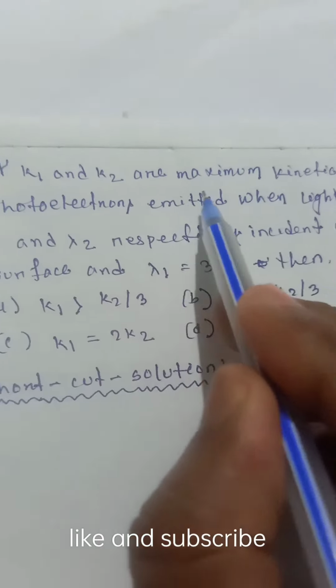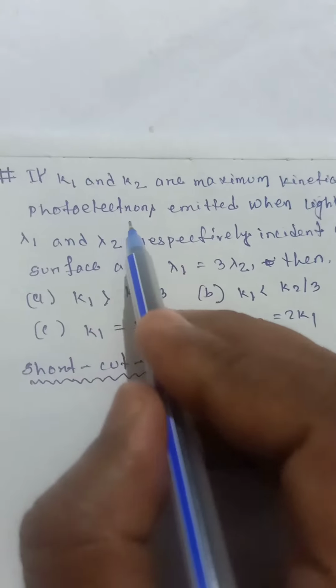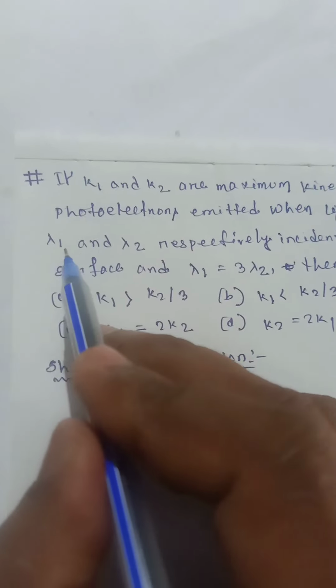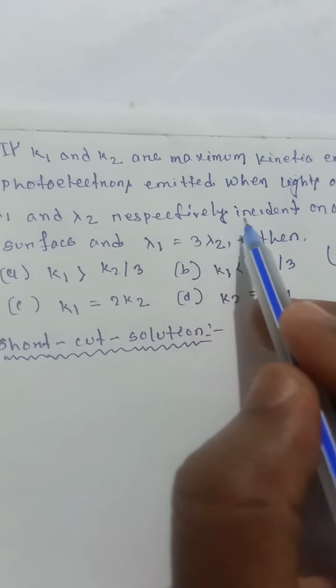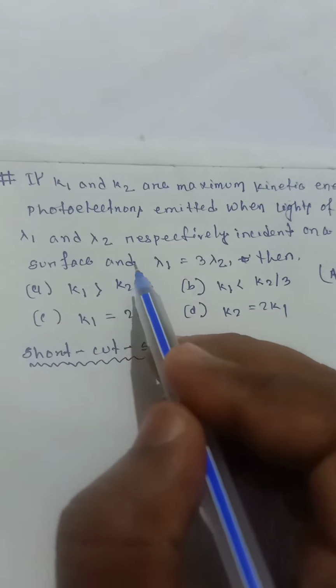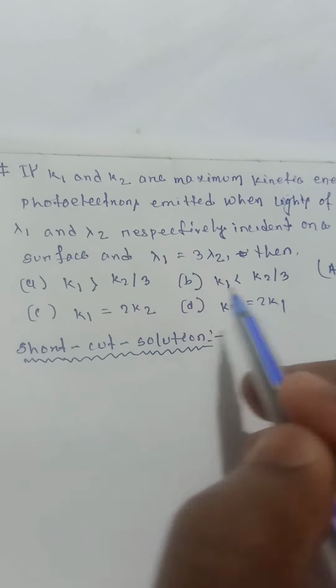If K1 and K2 are maximum kinetic energies of the photoelectrons emitted when light of wavelengths lambda 1 and lambda 2 respectively are incident on the metallic surface, and lambda 1 equals 3 times lambda 2, then how much?